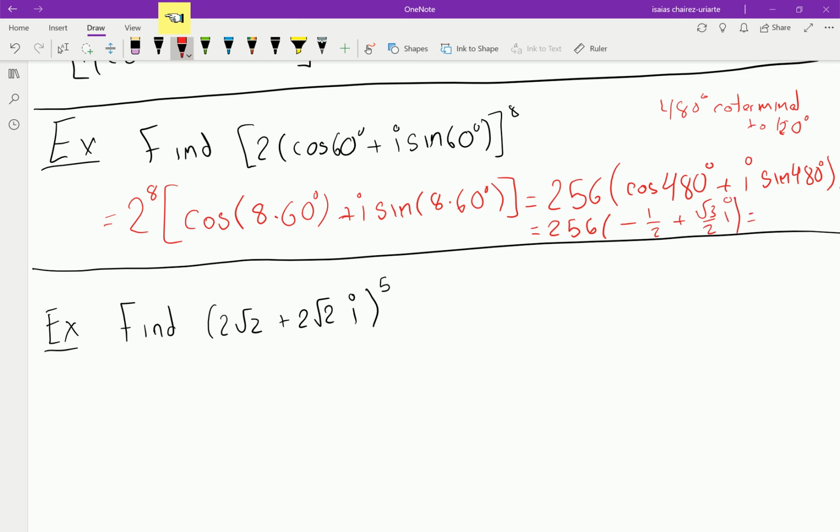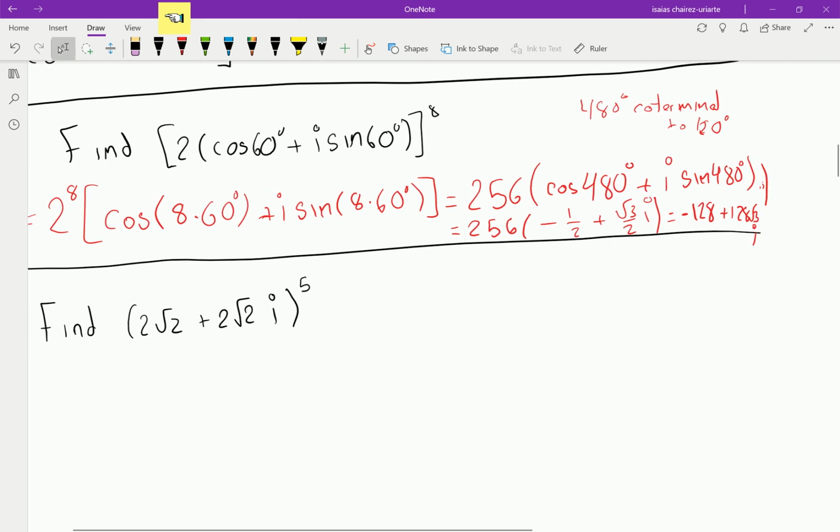And if I actually distribute the 256, that becomes -128 plus 128 square root of 3i. Well, let me give myself a little bit of extra room here. -128 square root of 3i.